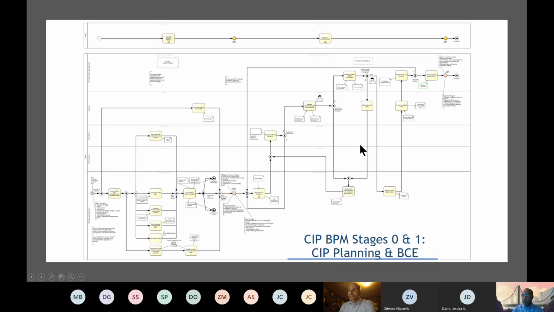So each stage has a boundary, which is noted by a circle here, which is an event that basically kickstarts a stage. And then there is one other circle here, which basically is another event, which signifies that that stage is completed.